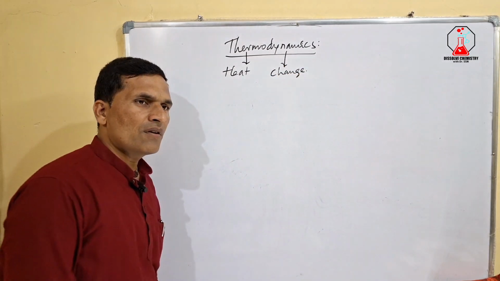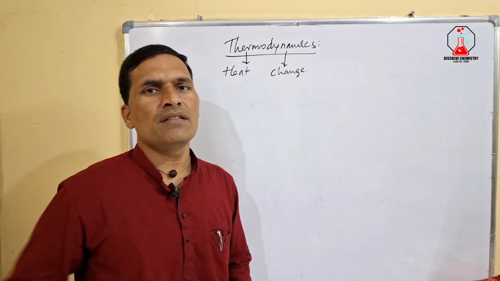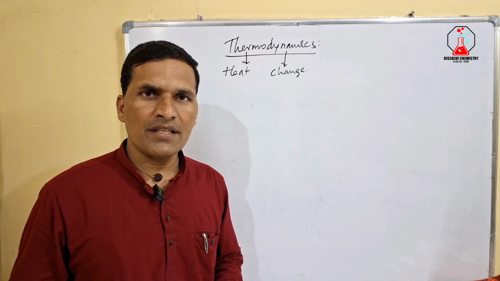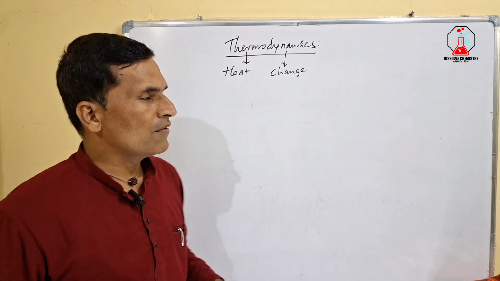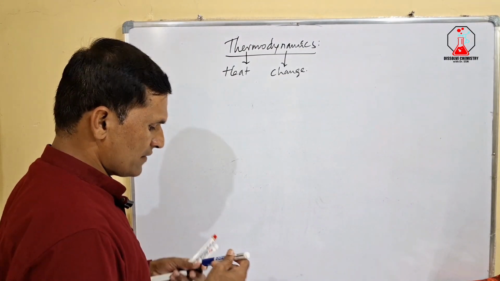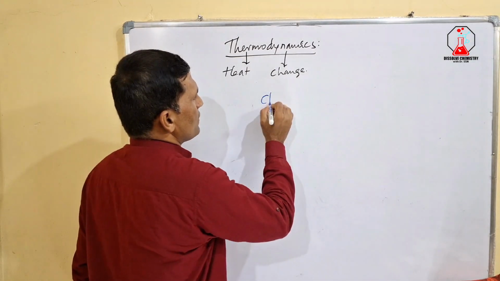It means the transformation of heat energy into various other forms of energy, and other forms of energy into heat energy. For example, we will take a very interesting example. You take a chemical substance.